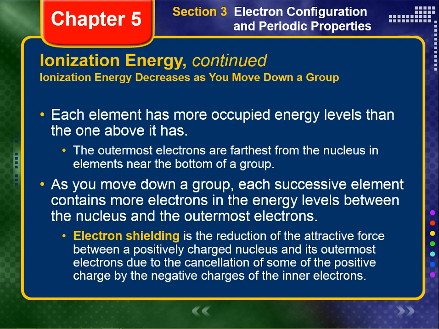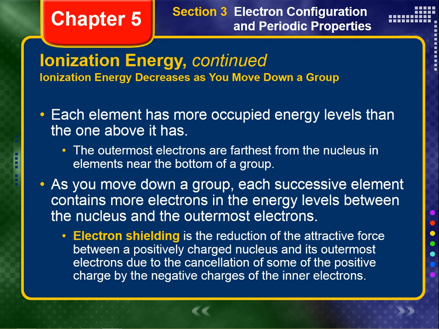Because remember, picture what's going on with this really, really large atom with lots and lots of electrons. You have a very positively charged nucleus. You have a valence electron very far away from the nucleus, and then you have potentially dozens of inner shell electrons in between that valence electron and the nucleus.